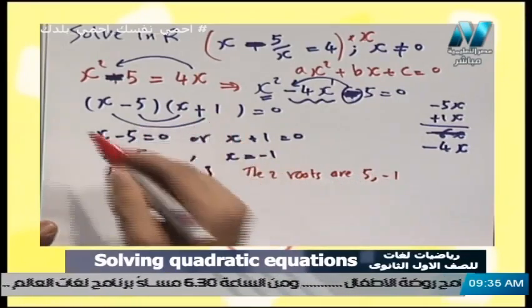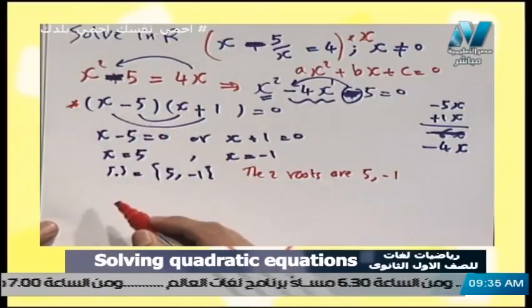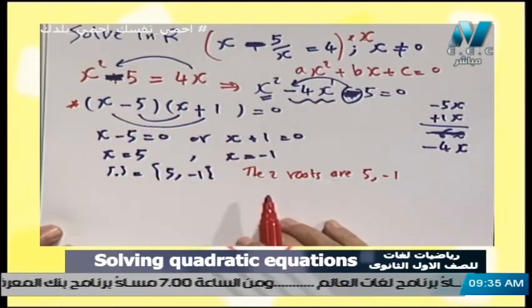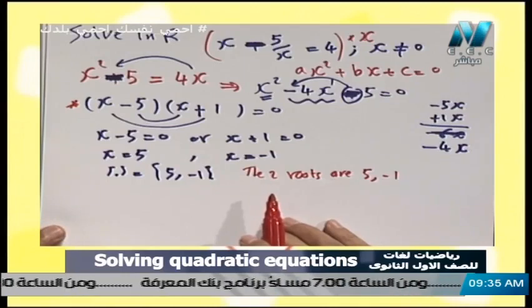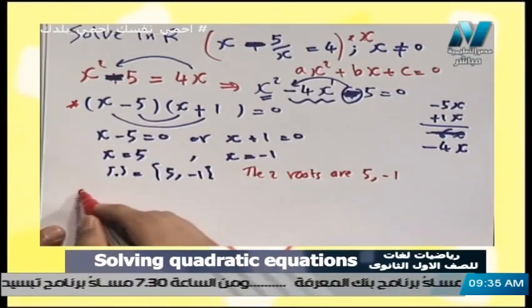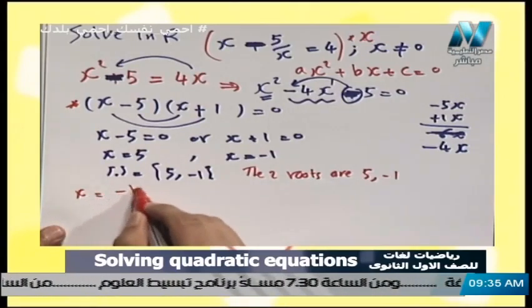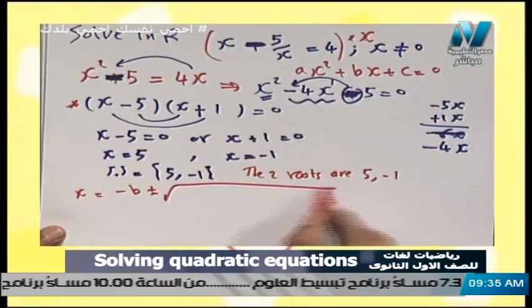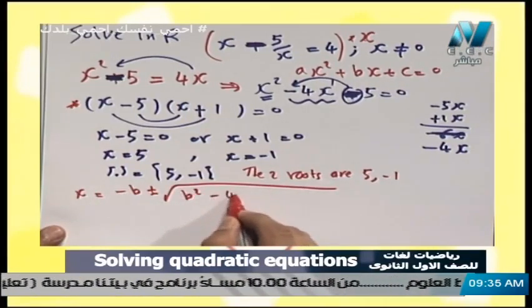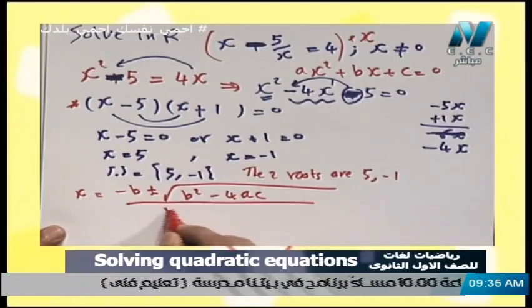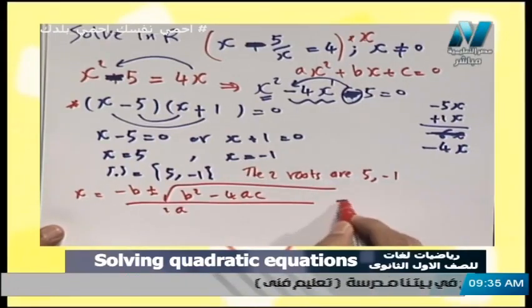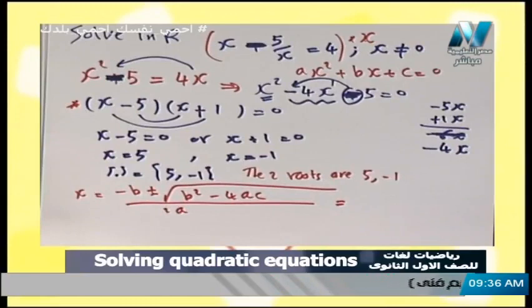This is by factorization method. If we use the algebraic form or formula method, we put x here equal negative b plus or minus square root b power 2 minus 4ac over 2a. And by substituting by a, b, and c, which is a?